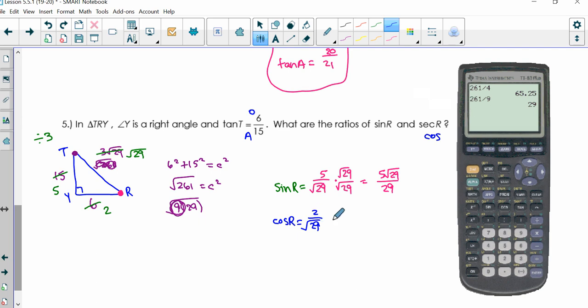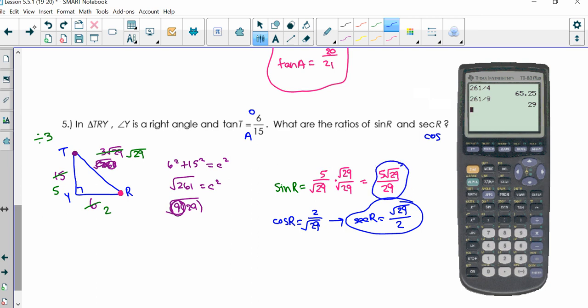But I didn't want cosine, I wanted secant of R, which means I'm going to take this answer and flip it. So when I flip it, I get square root of 29 over 2. I don't have to rationalize. So don't rationalize this because I ended up flipping it anyways. This would be my answer. And then this was my answer for sine.